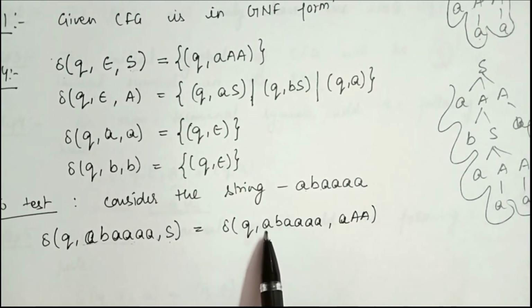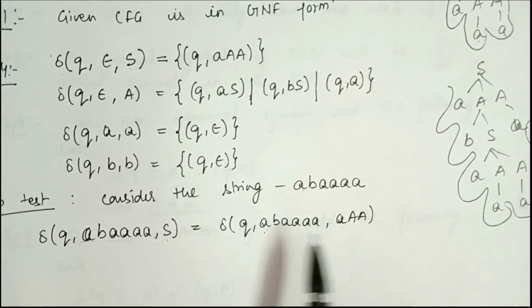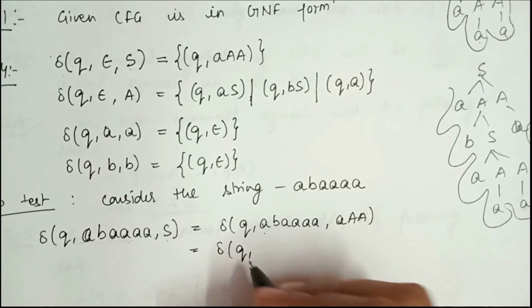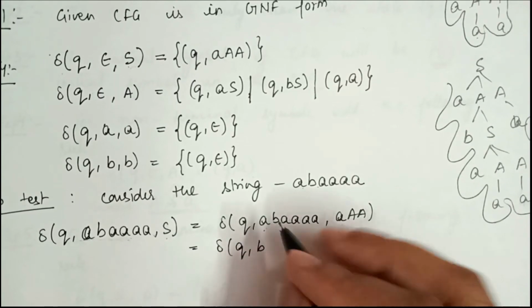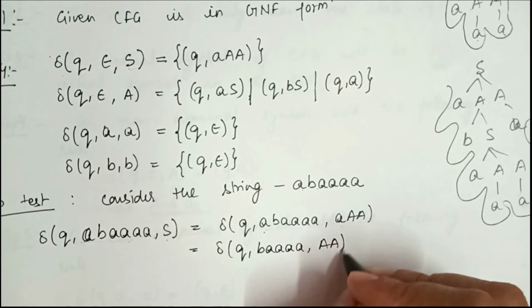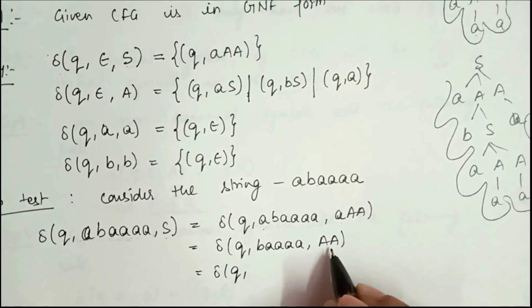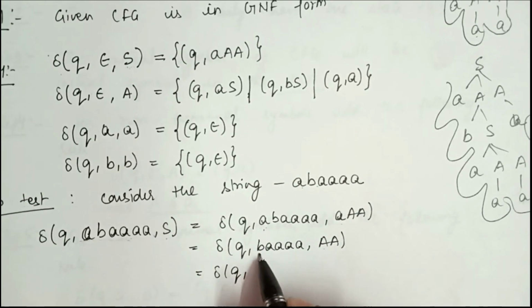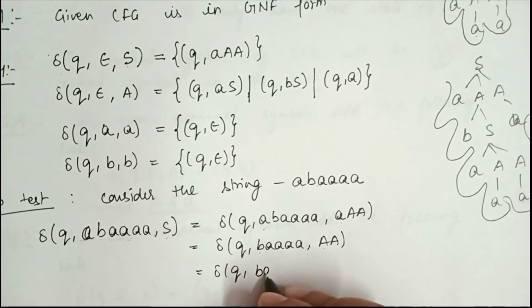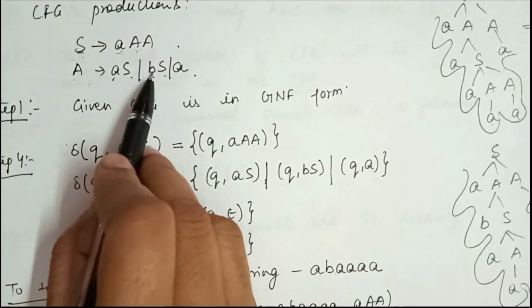Now see here, the input symbol is A and the top of the stack is A. So this will be popped out and the remaining is Q comma. So this A will be popped out and the remaining input is B, A, comma, capital A. Now see here, for this A, we have to know that the input symbol is B. So we have to substitute the value of A in comparison with B. So the input remains the same, and now this A can be BS.